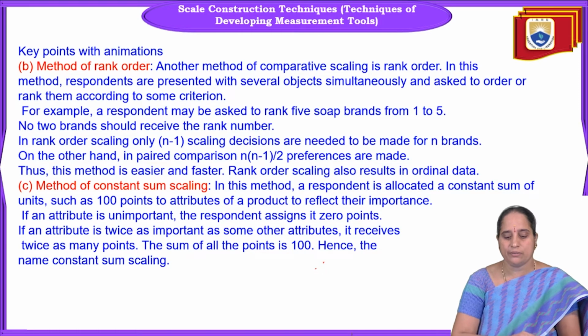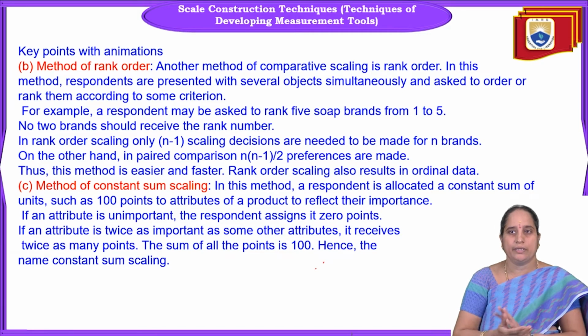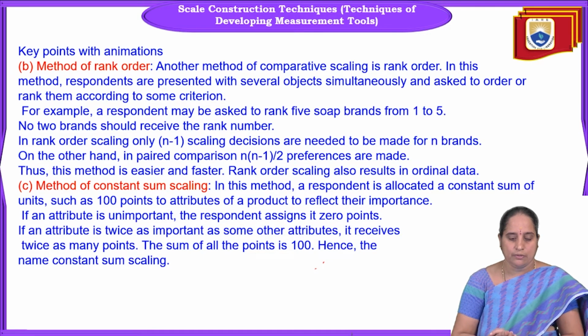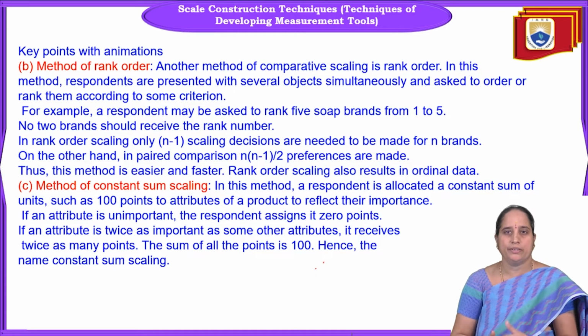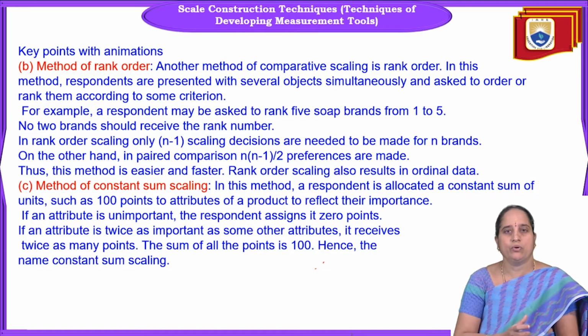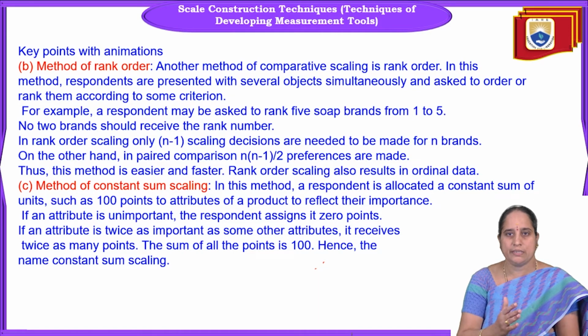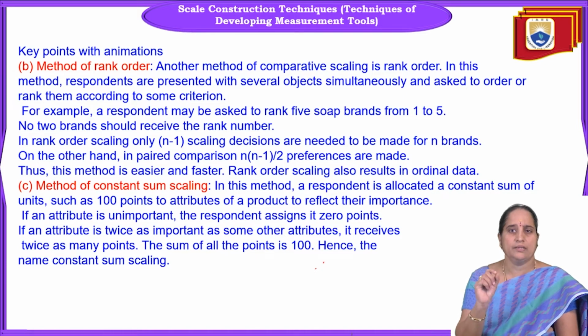The next one is the method of constant sum scaling. In this method, a respondent is allocated a constant sum of units, let us take 100 points, to attributes of a product to reflect their importance. When talking about the importance of a particular attribute, some people will say it is unimportant, not to be considered, and then the respondent assigns 0 points.